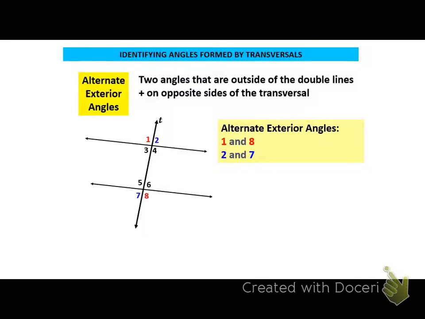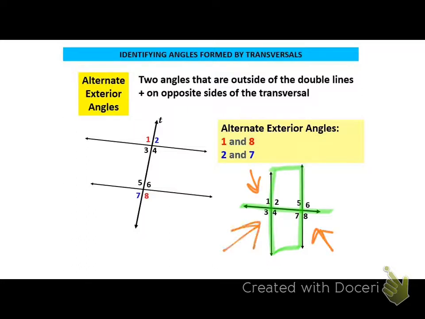Again, your transversal could be horizontal like this. So then what angle, just give me one angle that is on the exterior here. 1 and 8. Yeah, 1 and 8 would be alternate exterior, and then 3 and 6 would be alternate exterior.